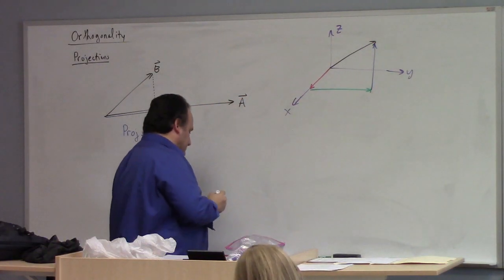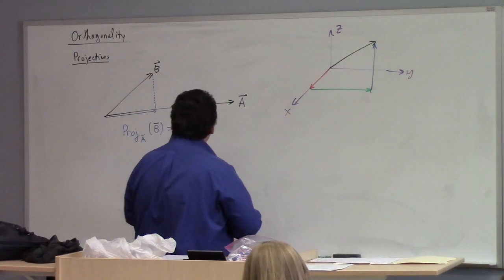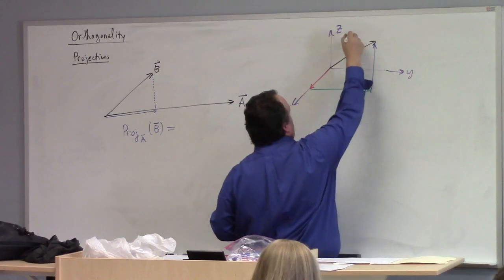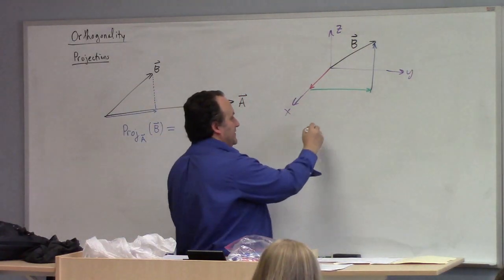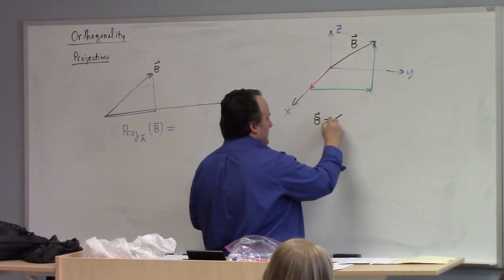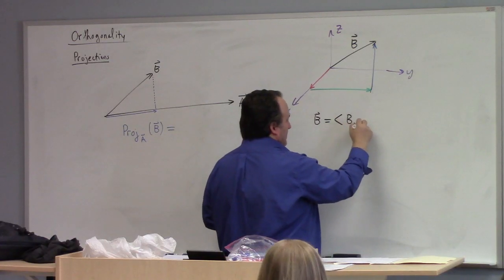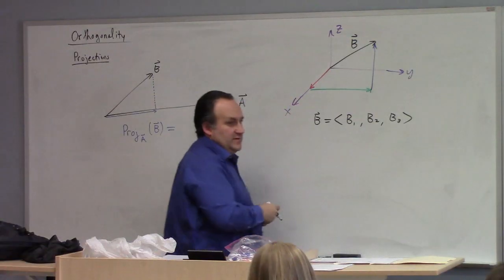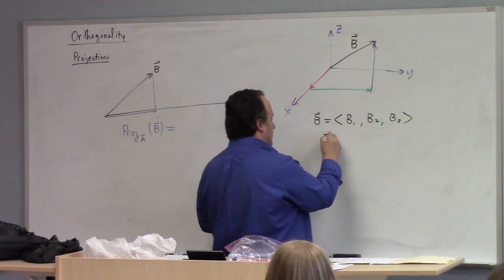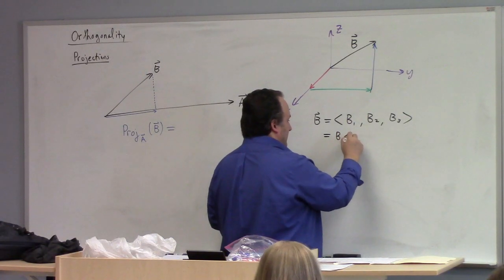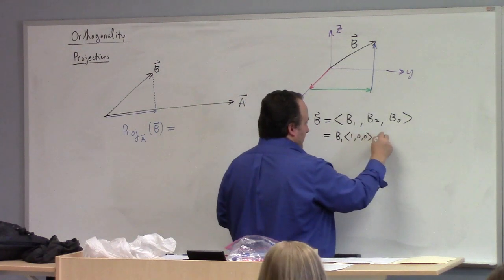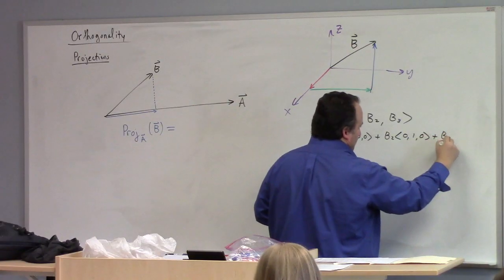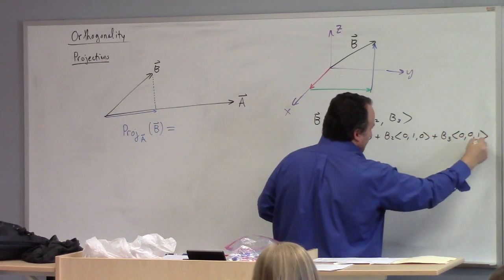If I call this vector B for the sake of discussion, you guys know the deal. B in three dimensions we can write as B1, B2, B3, which you could also write as B1 times (1, 0, 0) plus B2 times (0, 1, 0) plus B3 times (0, 0, 1).